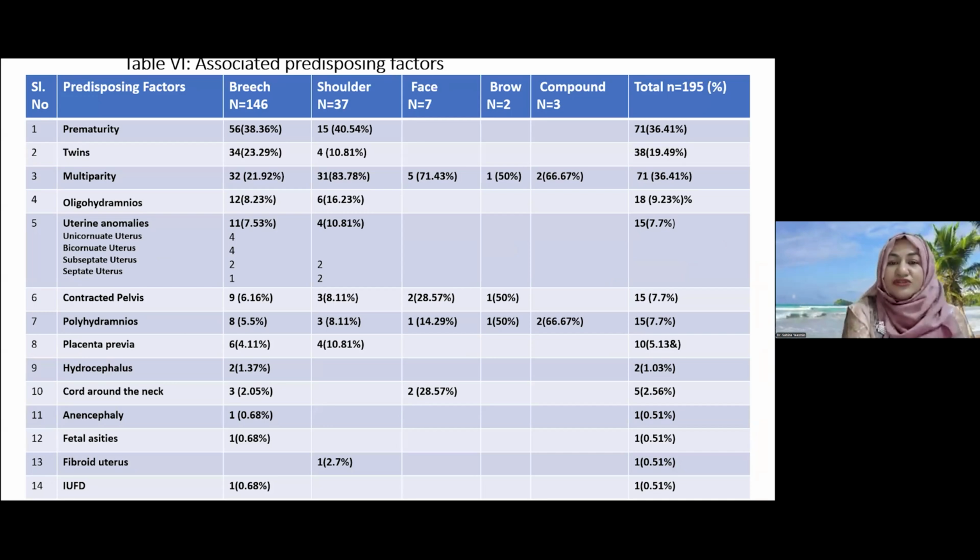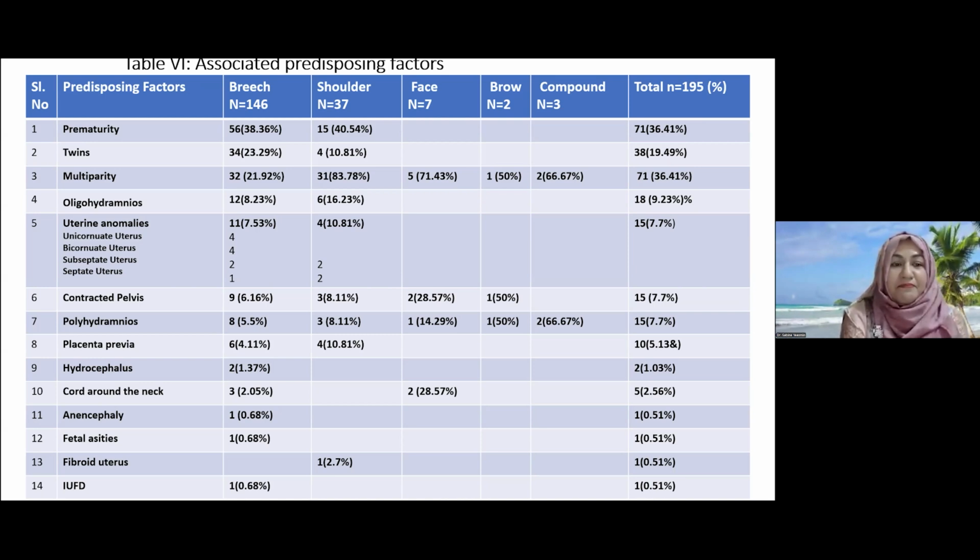This table shows the associated risk factors. There are a lot of predisposing factors for developing malpresentation, that is prematurity, twins, multiparity, oligohydramnios, uterine anomalies like unicornuate uterus, bicornuate, subseptate, septate, contracted pelvis, polyhydramnios, placenta previa, hydrocephalus, cord around the neck, anencephaly, fetal ascites, fibroid uterus, intrauterine fetal death.